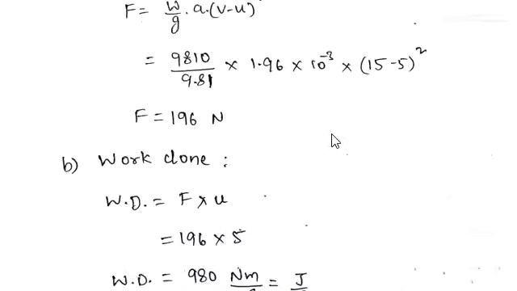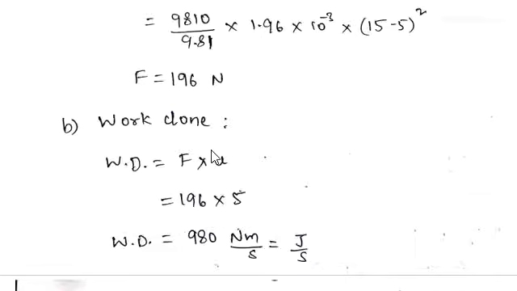And here, work done. We can write work done per unit time. Generally you write work done as force into displacement, but here we are calculating work done per time, meaning force into displacement by time. Displacement by time is nothing but velocity, so directly I'm writing force into velocity.